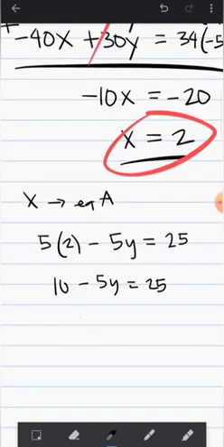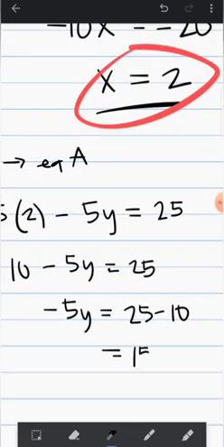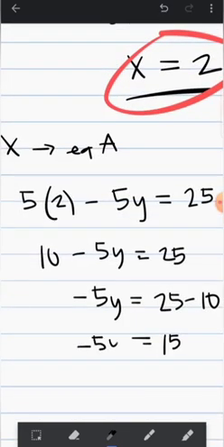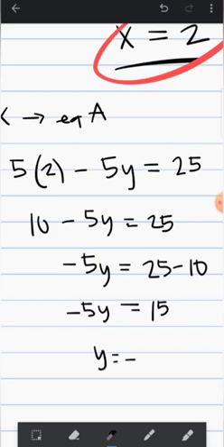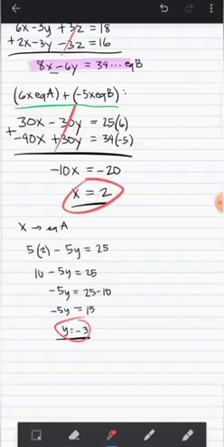And then, negative 5y is equal to 25 minus 10, and that is 15. And negative 5y, so y is equal to negative 3. Negative 3 times 5 is 15. So, we got y equals negative 3.